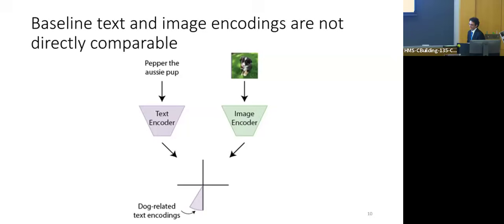And we can take images and we can encode them as well, and we can map them into the same overall space, the same dimensionality space, and we could see where the image representations live relative to the text encodings. And the dog-related image encodings, because this latent space is arbitrarily designed to work with text and images, all it is is the shared dimensionality, there's going to be no inherent relationship between an image encoding and a text encoding, even though both data modalities are fundamentally about dogs.